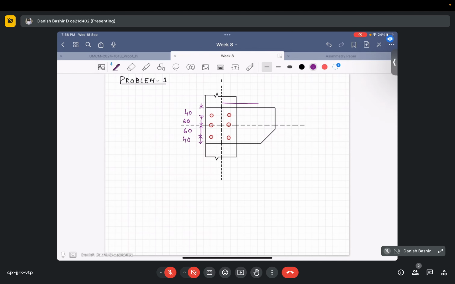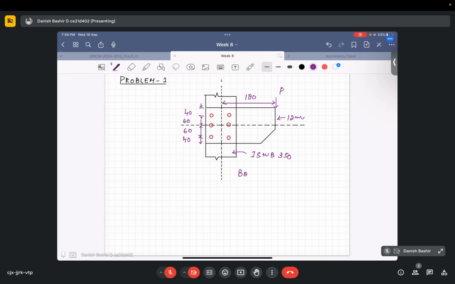The eccentricity of the load is 180 mm. So they are saying that some load P is acting on it, and this is a 12 mm plate joined to it, and this is ISWB 350 section.